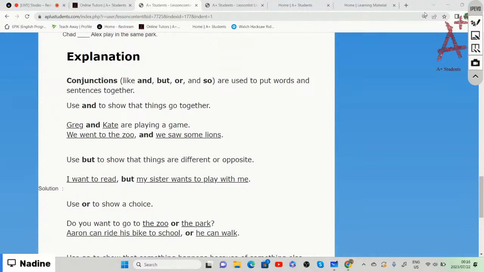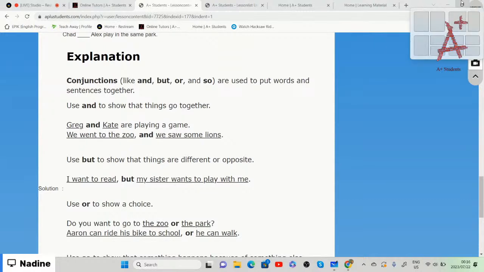So now it is bringing two words together. Whenever we use the word and, it is to show that things go together. So that is the conjunction and.